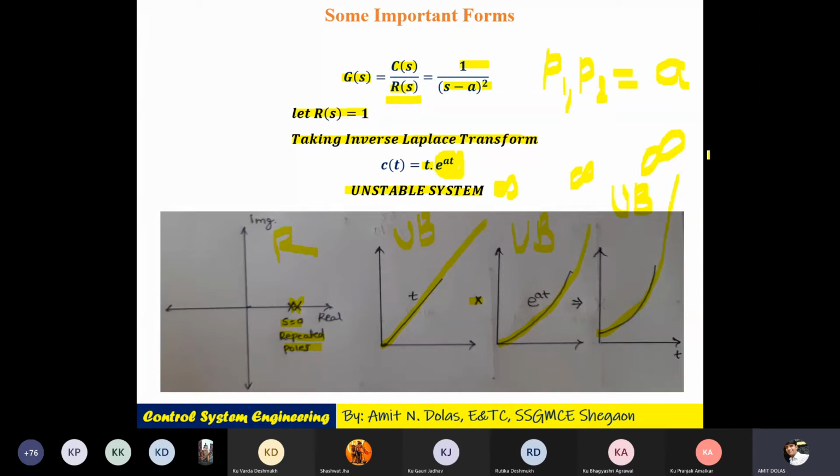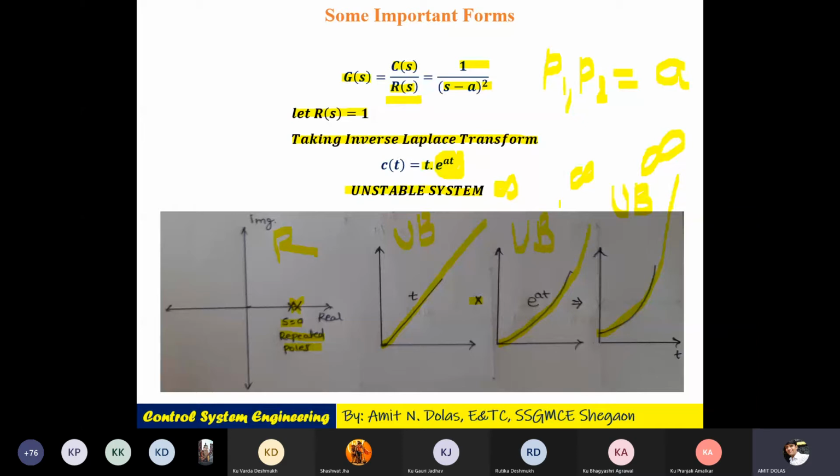This concept will be repeated in unit number 3, because unit number 3 is basically based on stability and the root locus. So there will be repetition of this concept, so I will go very fast at that time. I'll repeat this PPT in unit number 3 as well. For a better understanding of unit number 1, I'm using this stability concept here also.